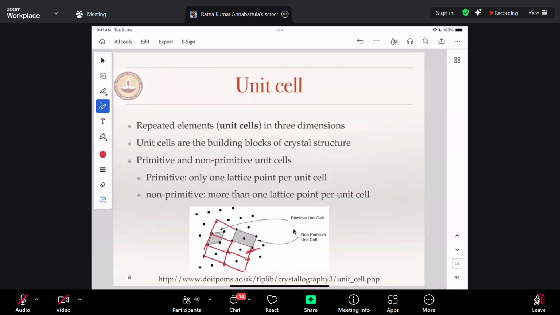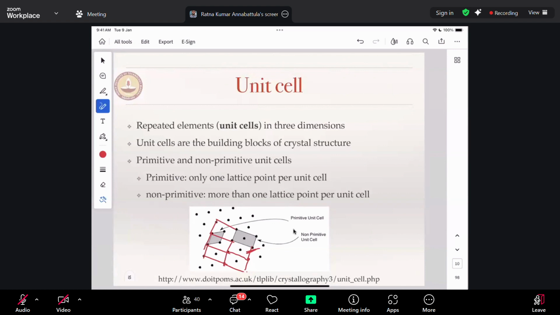Whenever you are taking a unit cell and generating a crystal structure, when it is translated in both the coordinate directions, it should not leave behind any spaces. That is the first requirement. Then only it is a valid unit cell. If it is leaving behind any spaces, then it is not a valid unit cell.